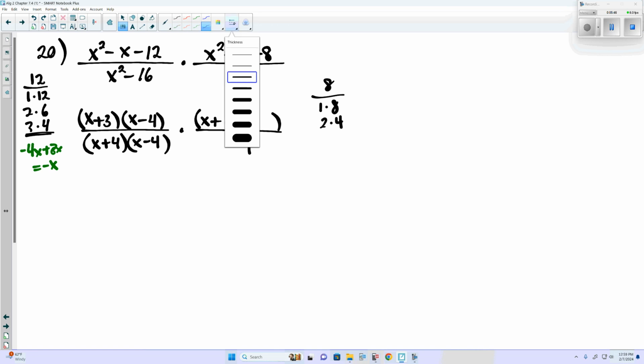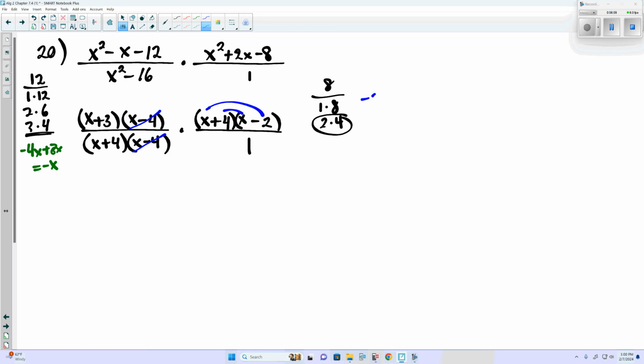Well, at this point, we already know x minus 4 and x minus 4 are going to cancel out. So if anything else is going to cancel, well, we would use the 2 and 4, and the 4 would have to be positive and the 2 negative, because the x minus 4 has already been used. Now we can check this still to make sure.